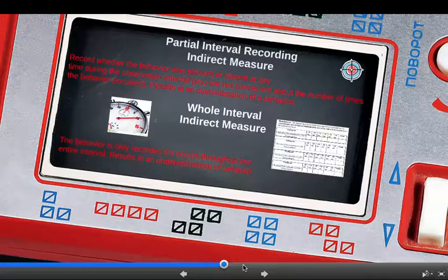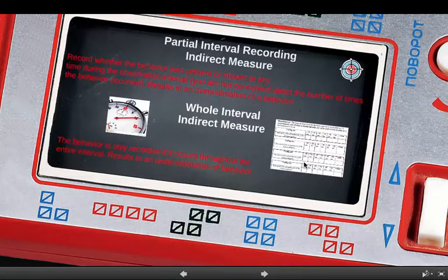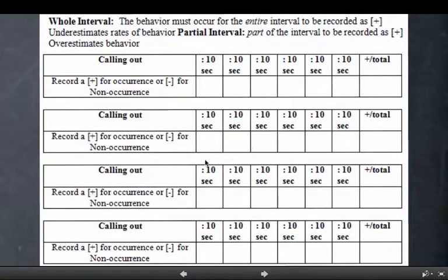With a partial interval recording method, all I'll need to do is set my timer, let's say for 10 minutes, and if I see you walking and ascending the stairs on that Stairmaster at any point during that 10-minute interval, then I will record a yes, that you get credit for the exercise.